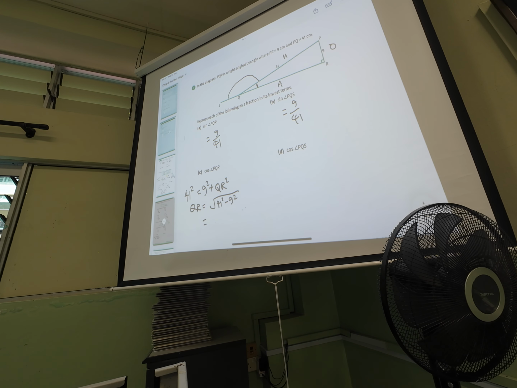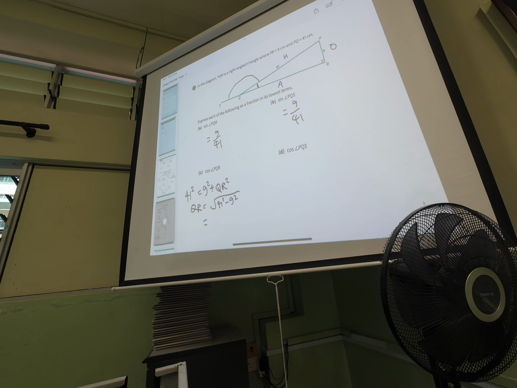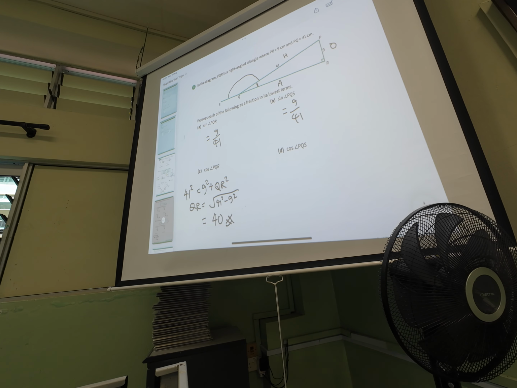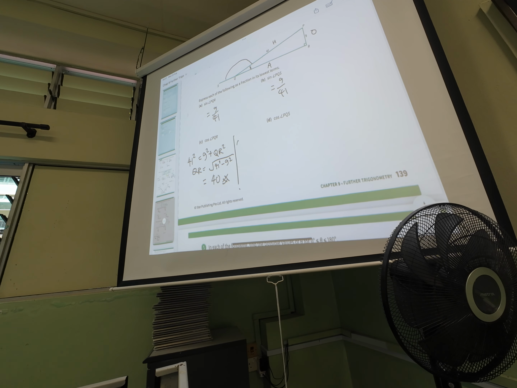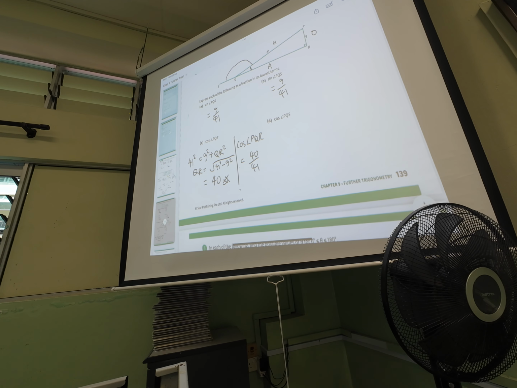It is. Square root of 1600 equals 40. Well done. So the cosine of angle PQR is equal to 40 over 41.